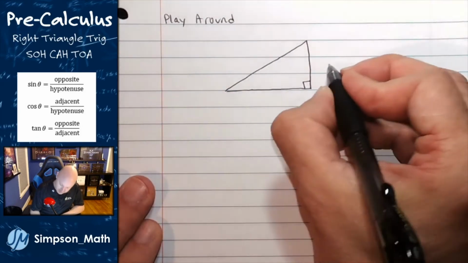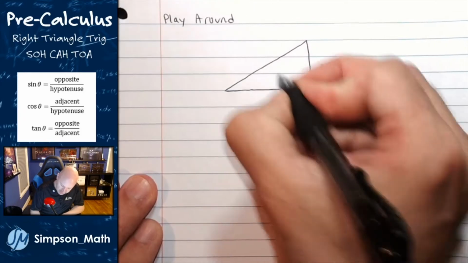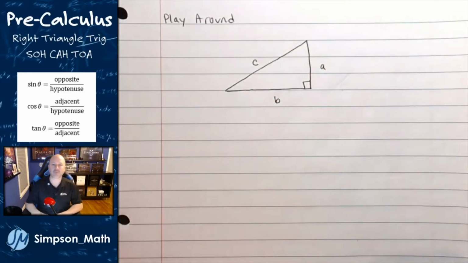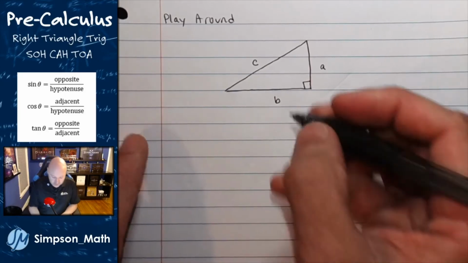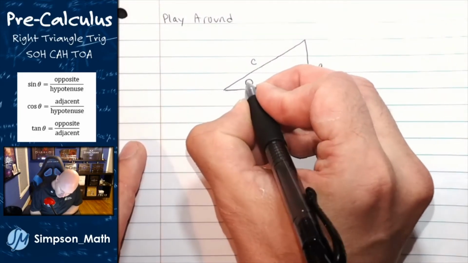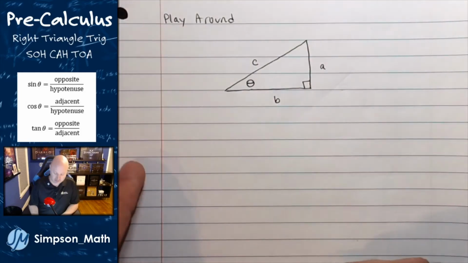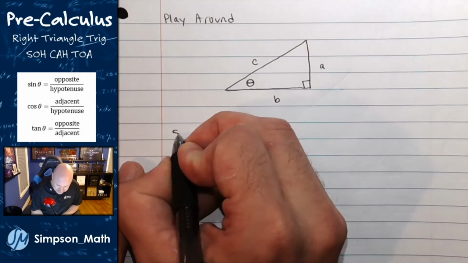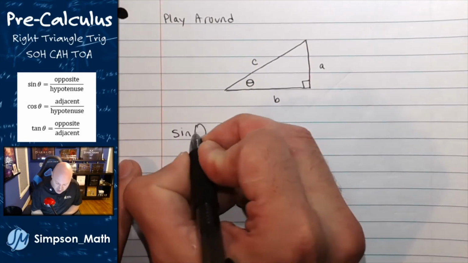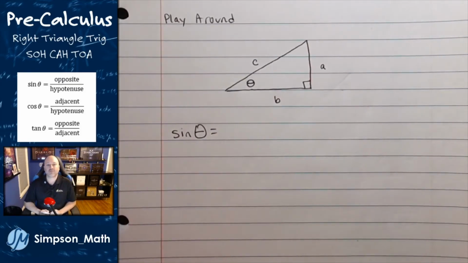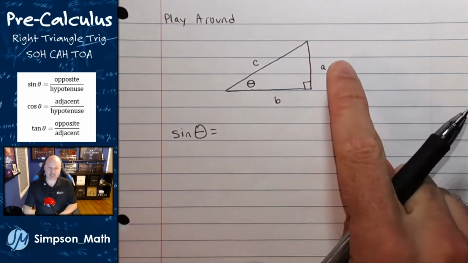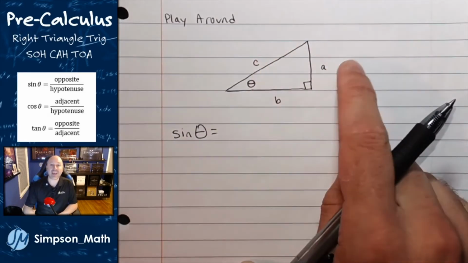I'm going to label it this time ABC. And using the SOHCAHTOA definition, with my theta sitting right there, what is sine of theta? SOHCAHTOA, opposite over hypotenuse, A over C.